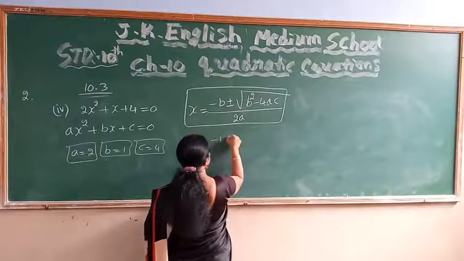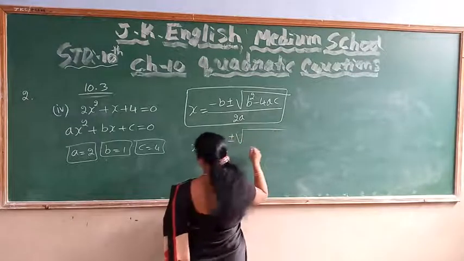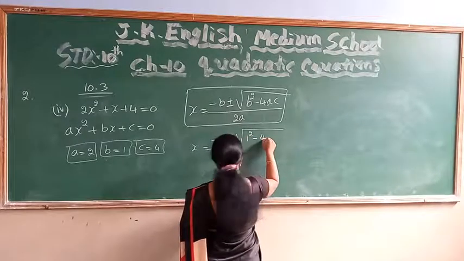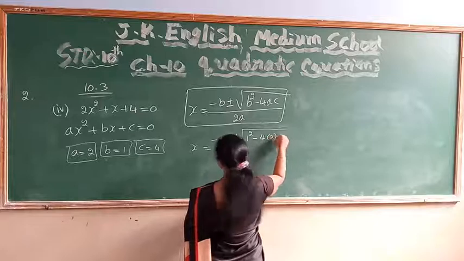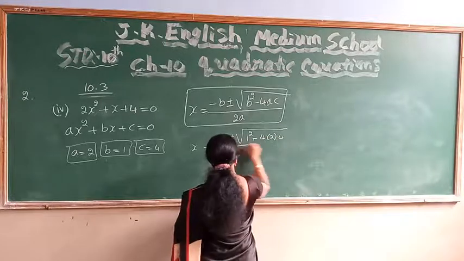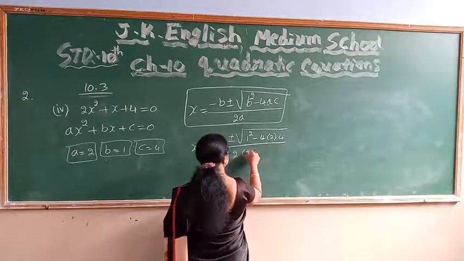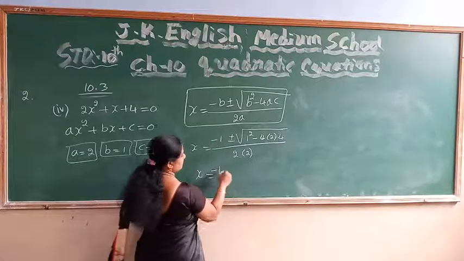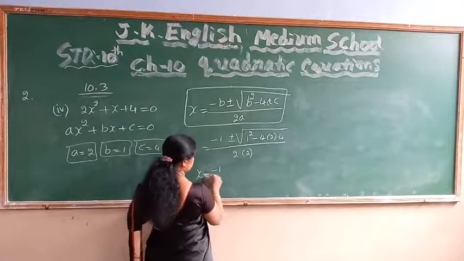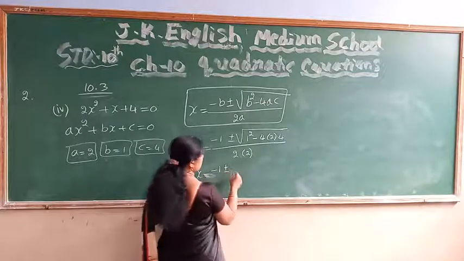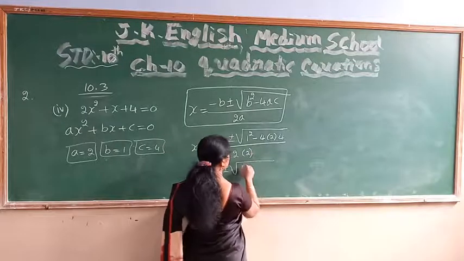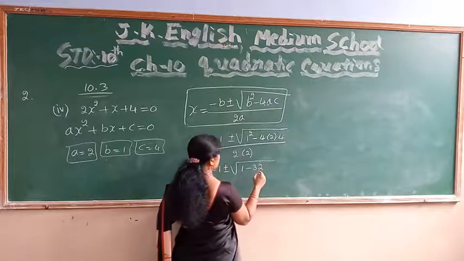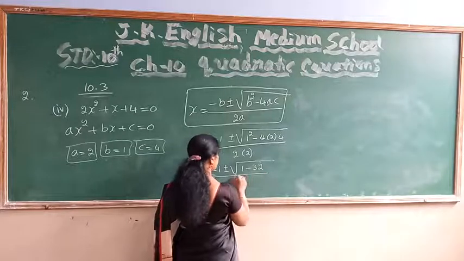minus b plus or minus root b square, means 1 square, 4, a means 2, c means 4. Substitute the values, then simplify. x is equal to minus 1 plus or minus square root of 1 minus 4 into 2 into 4, 4 4s are 16, 16 2s are 32, divided by 4.